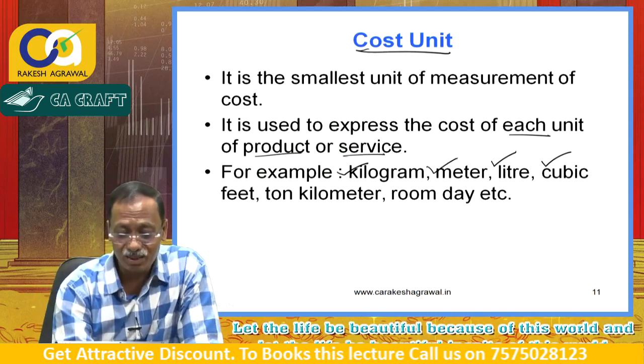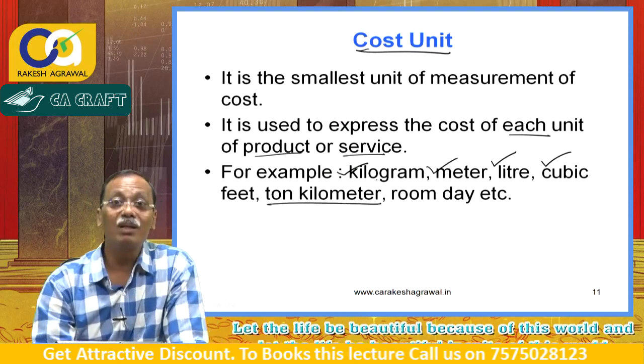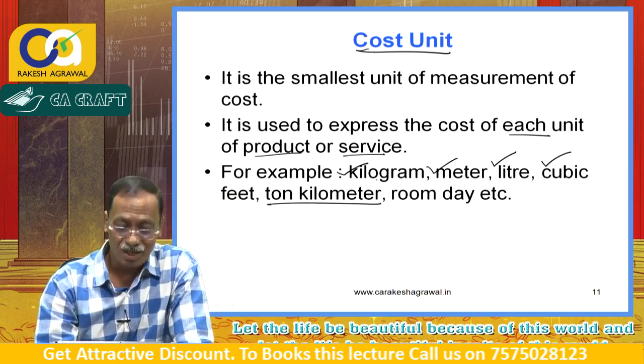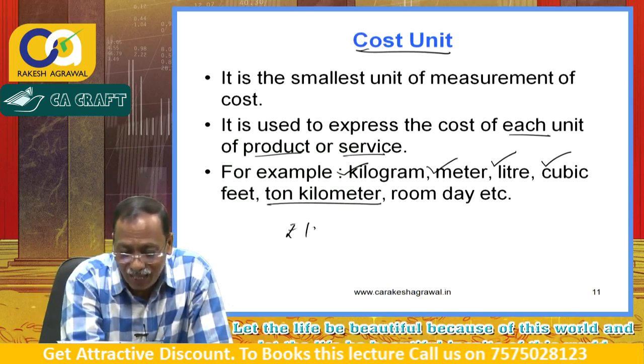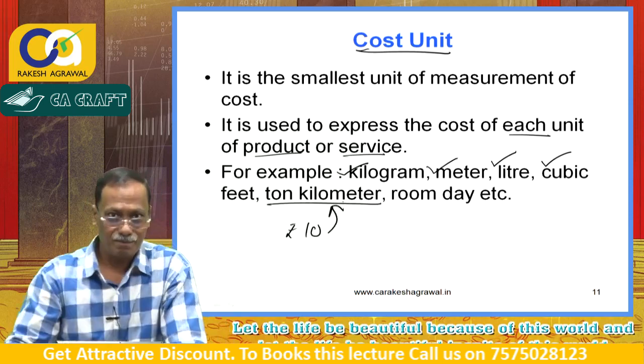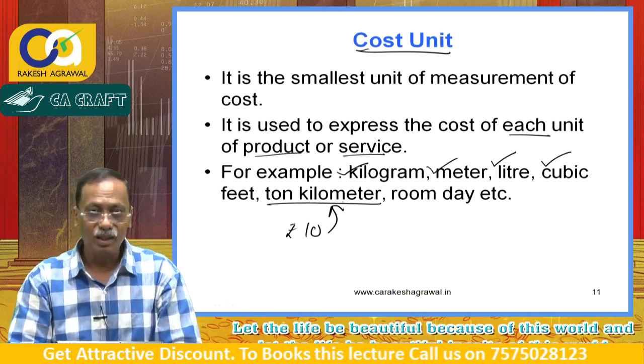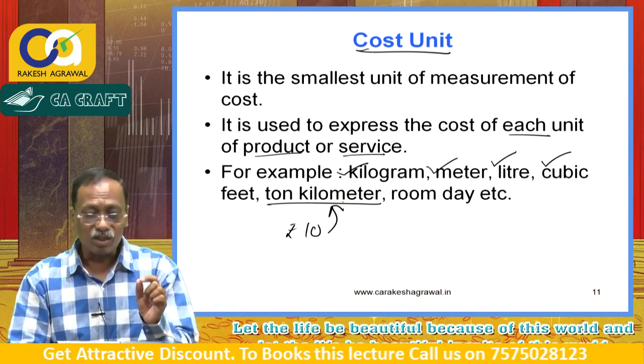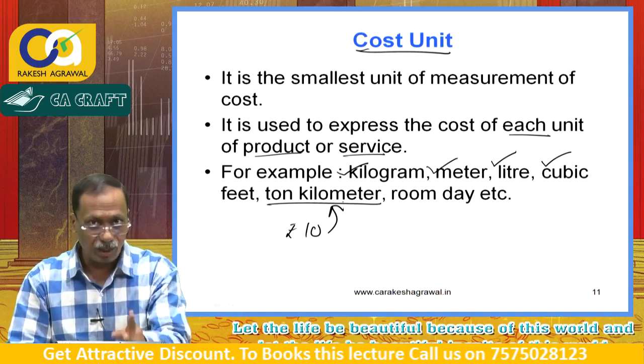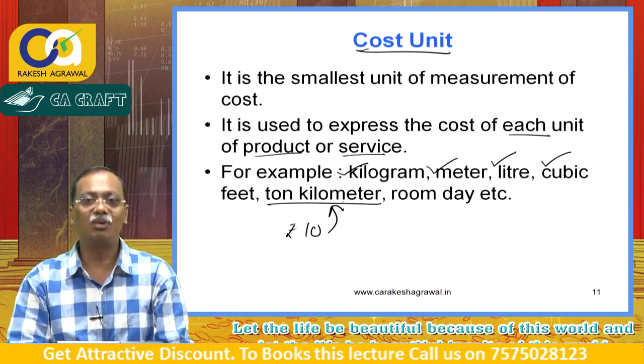In the service industry, we used to use cost per ton kilometer for goods transport, if you remember. When I say my cost is rupees 10 per ton kilometer for the transportation industry, it means the cost of transporting 1 ton of goods up to 1 kilometer distance is 10 rupees.